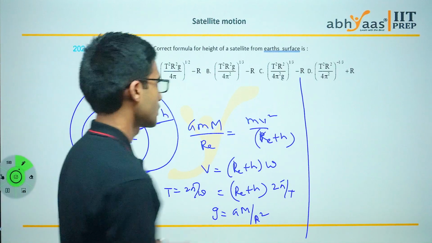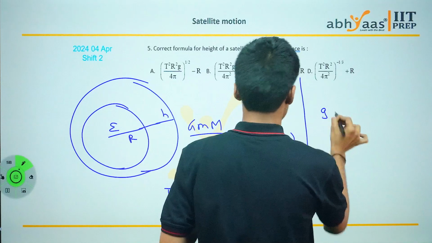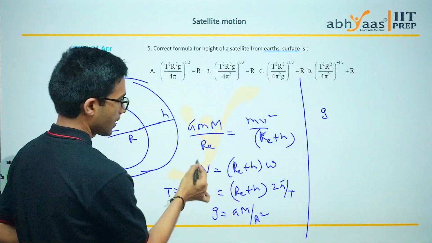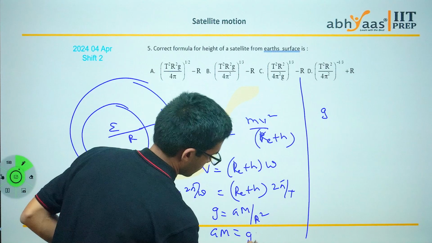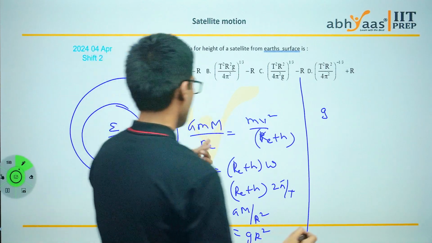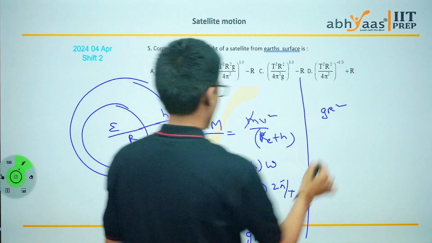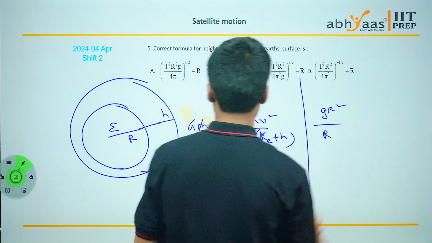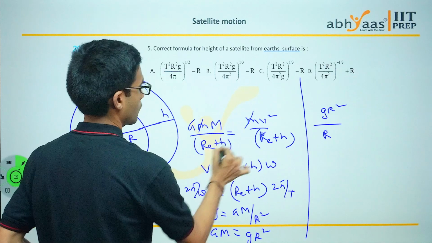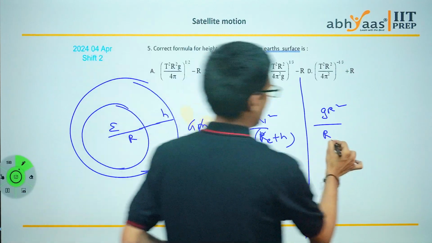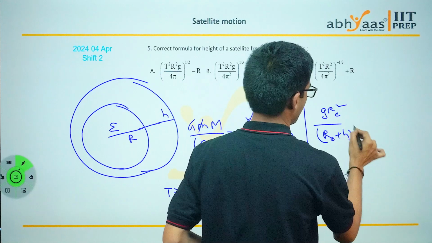Okay, you just replace here. GM by R square, so GM is equal to g R square, where R is the radius of the Earth. M gets cancelled. Then (R_e plus h) whole square is the force of attraction. R_e plus h and r are both the same.